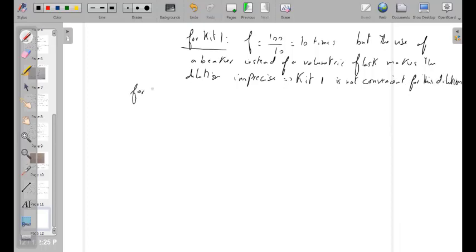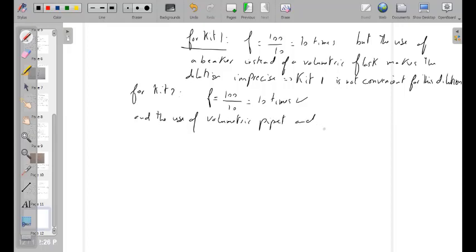For kit 2, F equals 100 over 10 equals 10 times. It is correct. And the use of a volumetric pipette and volumetric flask makes the dilution precise.